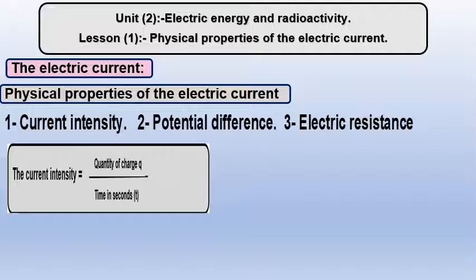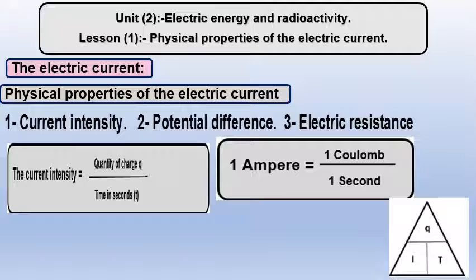It is the ampere. The measuring unit of the quantity of charge is the coulomb. And the time, its measuring unit for sure is the second.